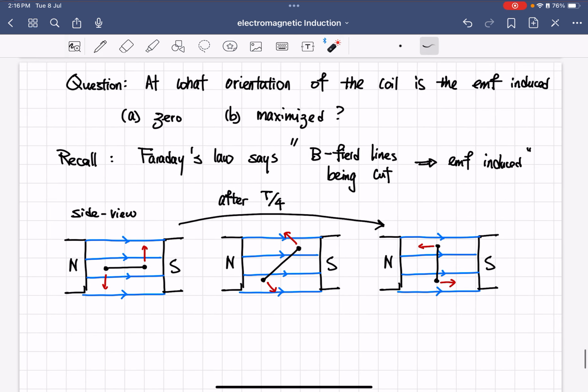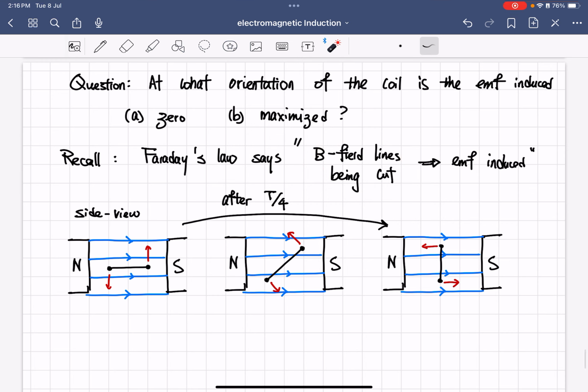In terms of cutting magnetic field lines, when the coil is moving up, it is cutting the magnetic field lines. When the coil is moving sideways, it's also cutting the magnetic field lines, because the magnetic field lines are horizontal. As long as you have any movement in the vertical direction, it will cut the magnetic field lines.